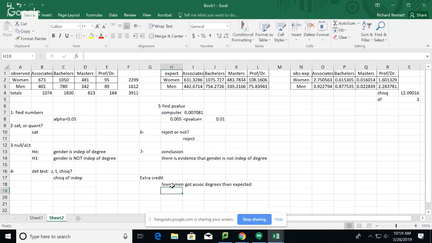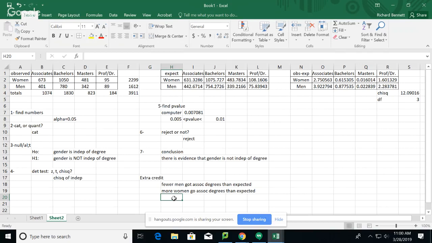What's the next biggest number? The women associate's degree. We expected 630 and the women got 673. More women got associate's degrees than expected. What's the third highest number? We'll stop at 3. Men doctorate. We expected 75.8, we got 89.